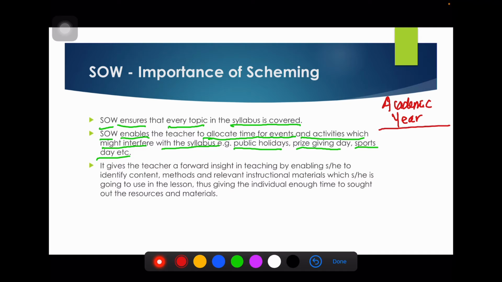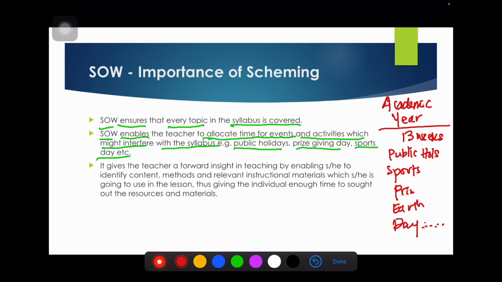Okay, academic year, that means you have, let's say, 13 weeks. Now within these 13 weeks, you have to find when is it that it's a public holiday. Okay, sports day, prize giving day, Earth Day, or whatever day there is, etc.